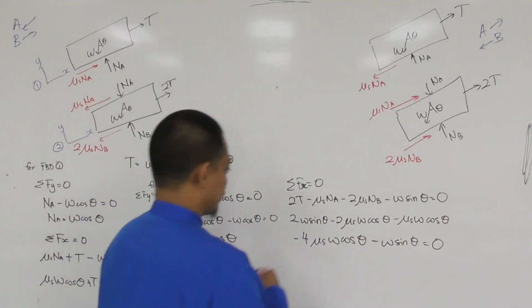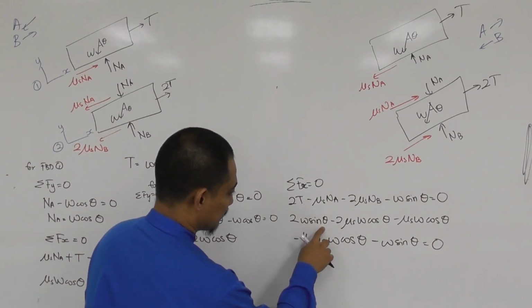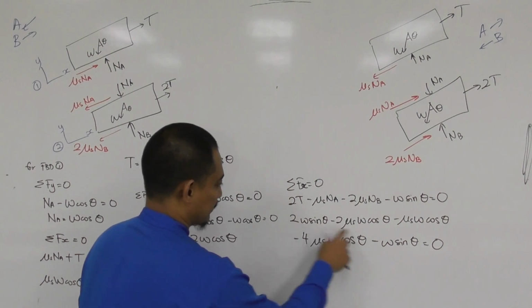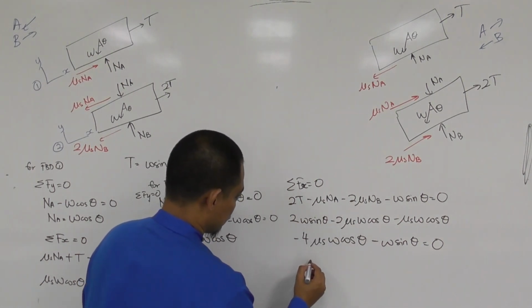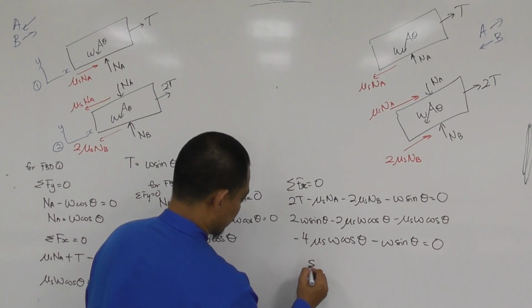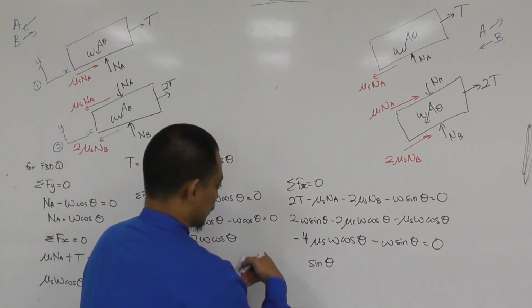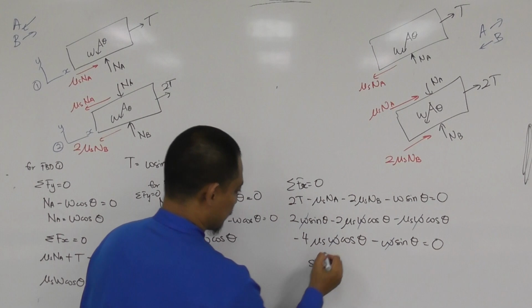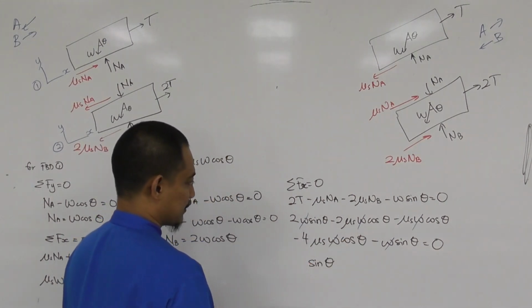So basically, in this case, 2W sin theta minus W sin theta becomes sin theta, right? Okay, maybe I should do one by one. So if we cross out W, and W, so 2 sin theta minus sin theta becomes sin theta.